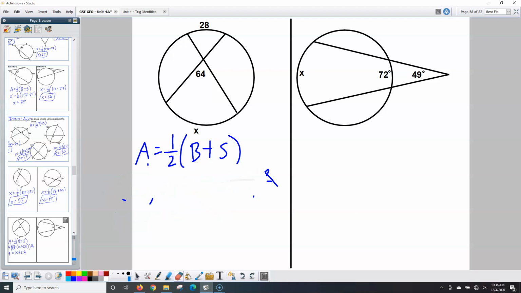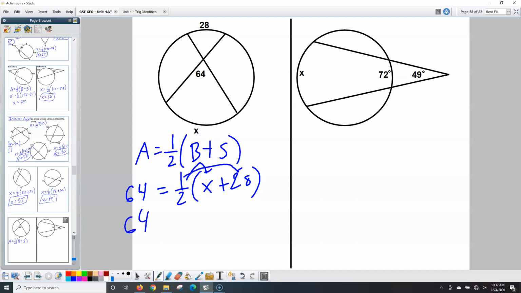Another common way that people solve these problems is that they distribute. So they got the angle is 64 equals 1/2 big arc plus small arc. They'll distribute this 1/2 to both of these. And they'll get 64 equals 1/2 X plus 14. 1/2 times 28 is 14.